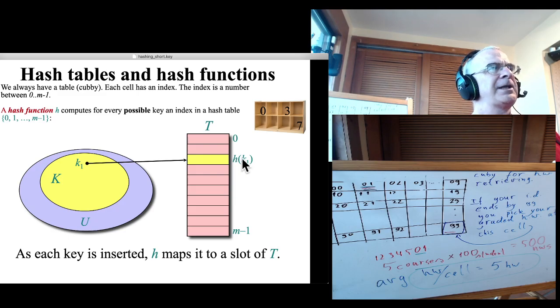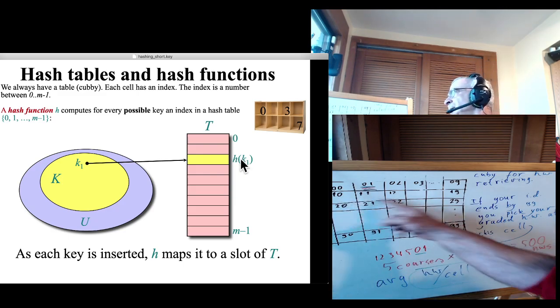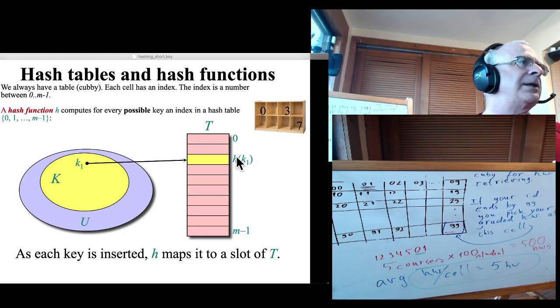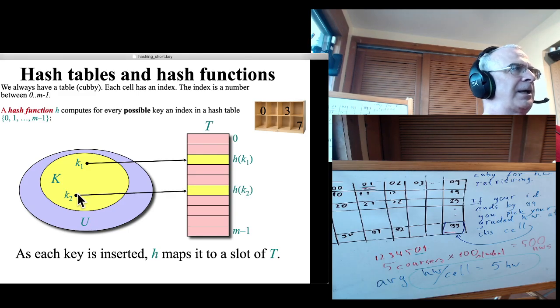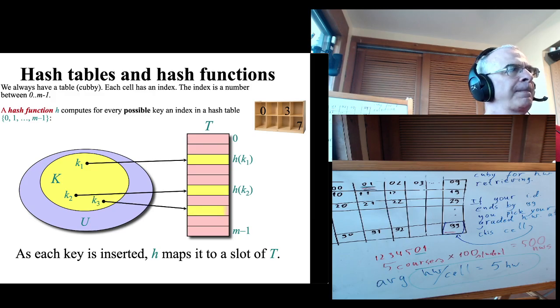So h is an index, a number between 0 and 99, and that's what I want my hash function to spit out. Where should I place this student? Here is where I'll place a different student, h of k2. So h of k2 is the index of this student, and h of k3 is the index of the third student.